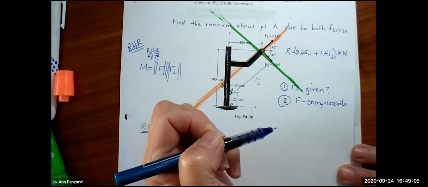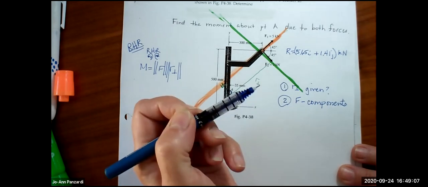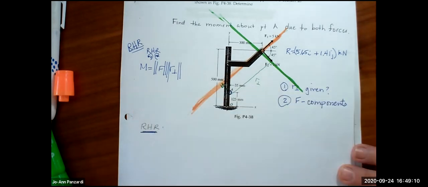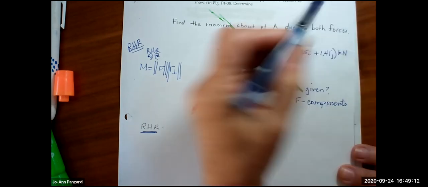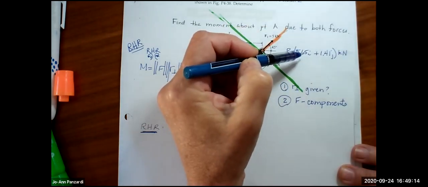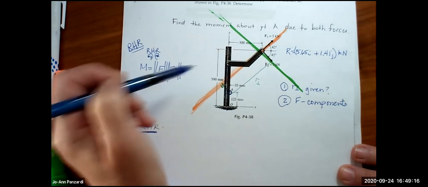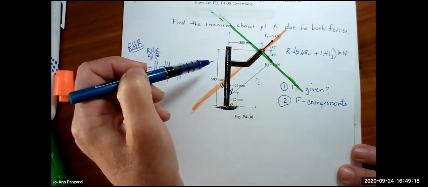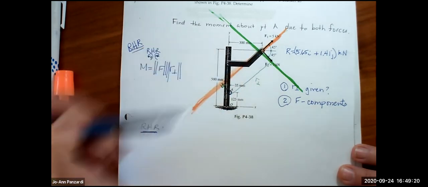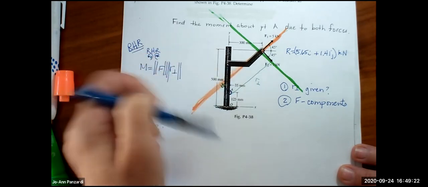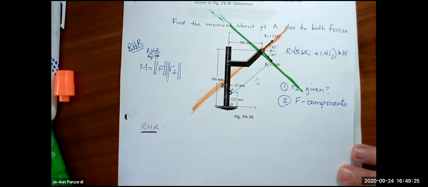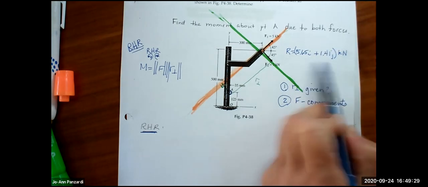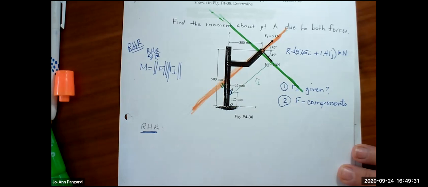All our problems up till now stopped with a force, and we represented it with 1 decimal place. But I'm concerned that if I only use 1 decimal place and then multiply it by the distances and round, and then get the moments, I'm going to get more rounding errors. So I'm going to start leaving 2 decimal places instead.